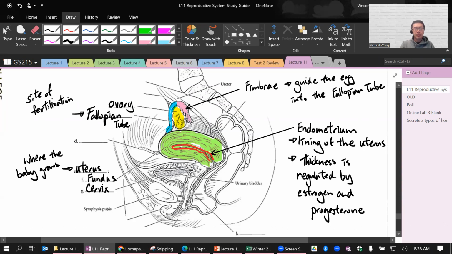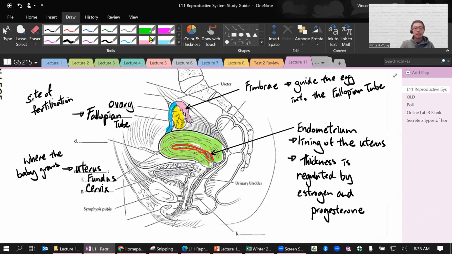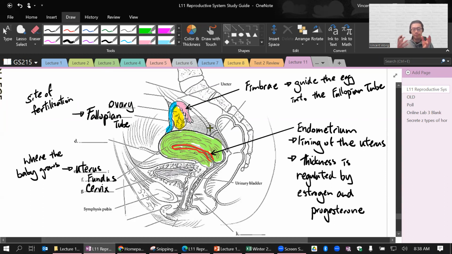Okay. Now the muscle of the uterus is very strong because that's the muscle that is responsible for pushing the baby out, right, during labor. And the muscle is called myometrium.